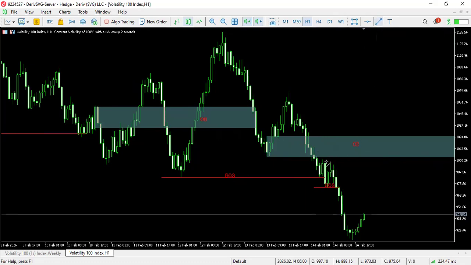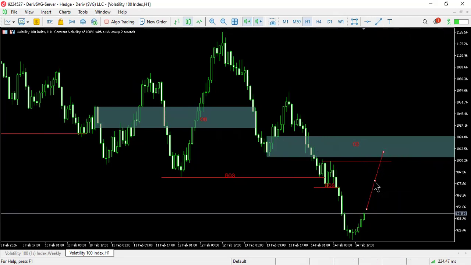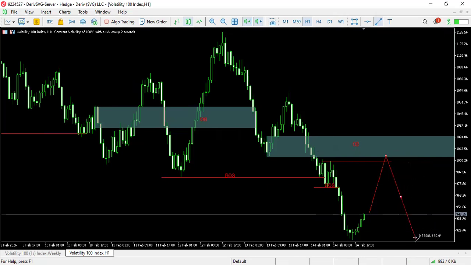And I'm seeing this level as liquidity that price has to clear to go and tap into my order block. The liquidity right there. Therefore, this is what I'm expecting to happen on volatility 100 for price to go and tap in that order block and then give me a push to the downside, and then I'll join the trend.